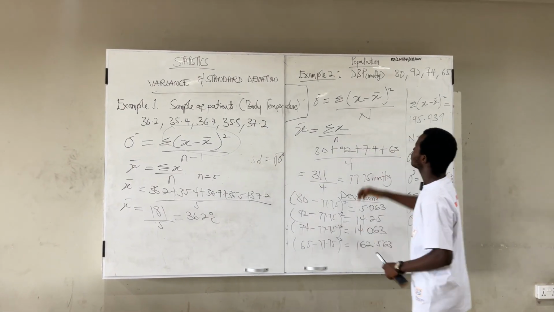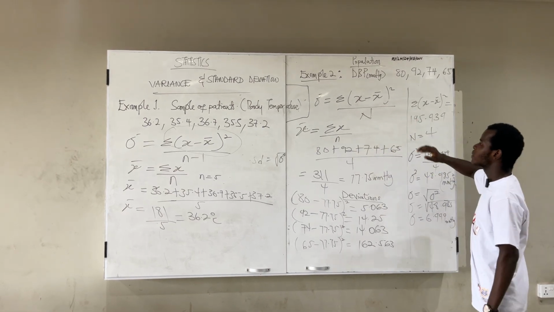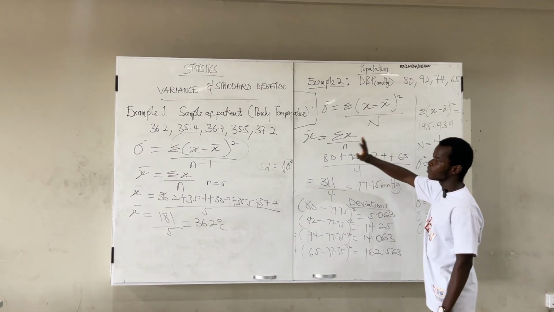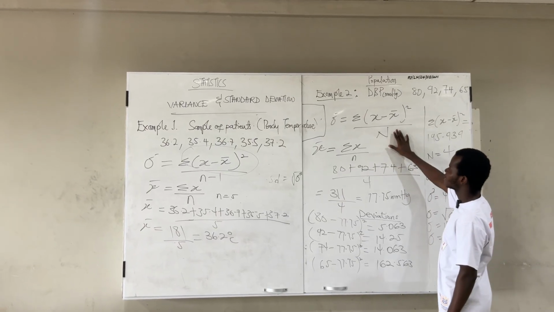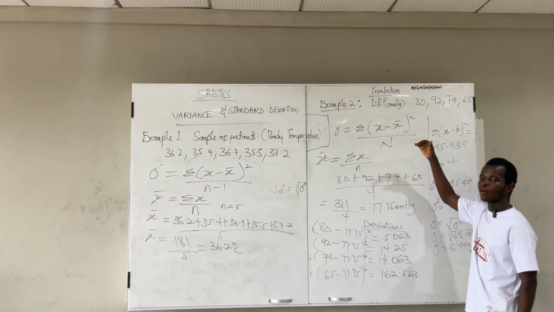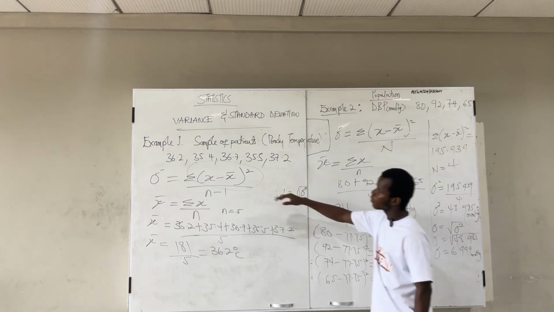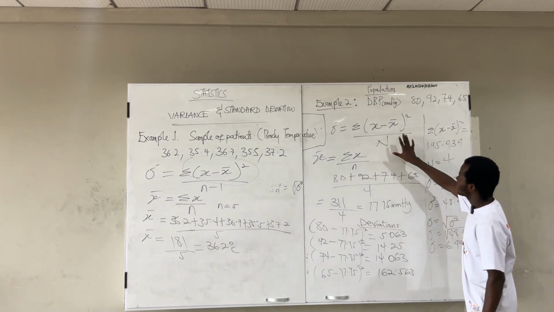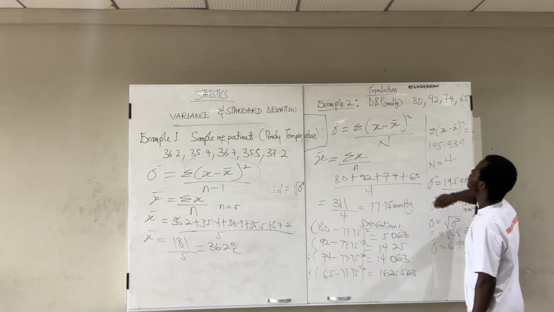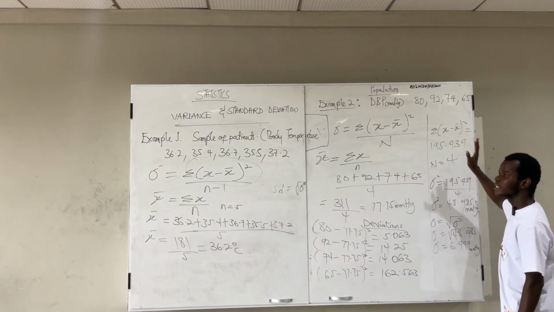All right. Then let's go to the population. The difference between population and sample data is that in the formula of the variance for population, you don't subtract anything from the number of observations, but for sample data, you subtract 1 from it. So here, first you put down the variance formula for population data.